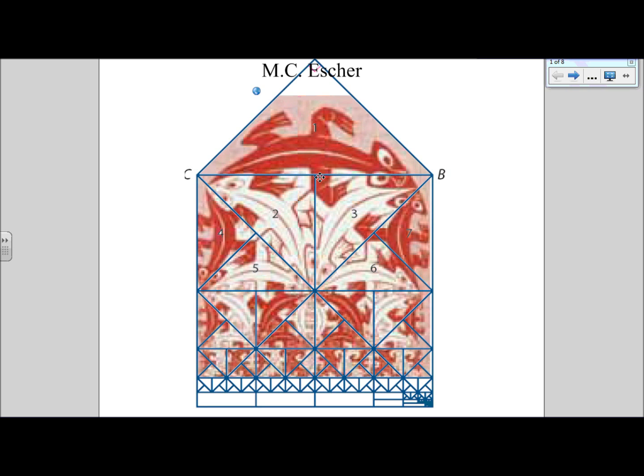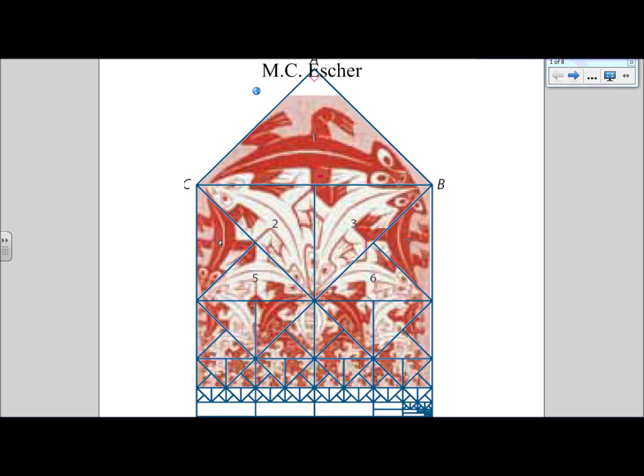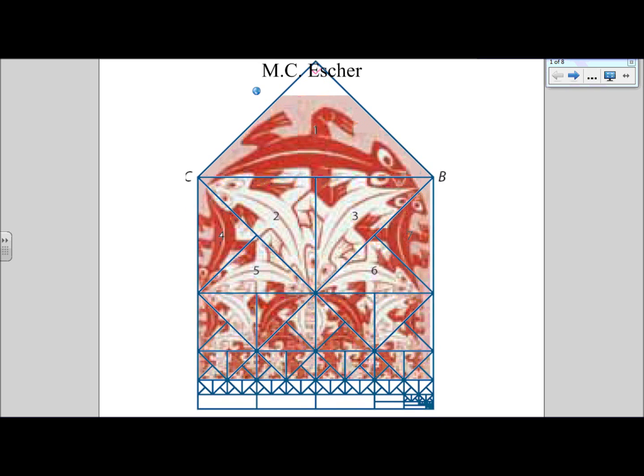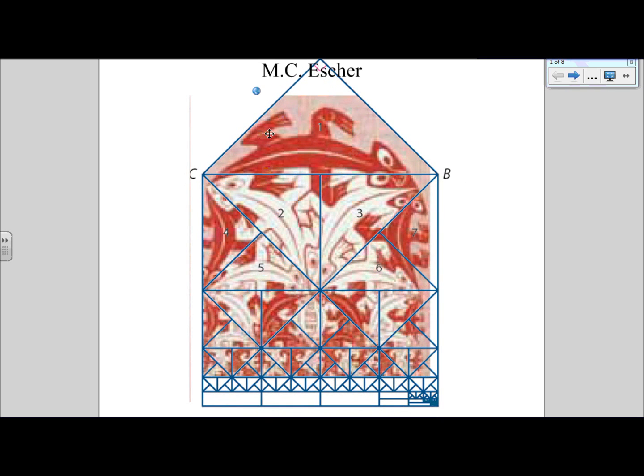So we have a shape of a lizard. Now if you look, it's pretty close to that each one of these lizards fits within one of the triangles. Maybe a little bit higher here. But the lizard in triangle 1 isn't actually similar to triangle 5. Now they're different colors, I know that, but they're both hooking to their right.